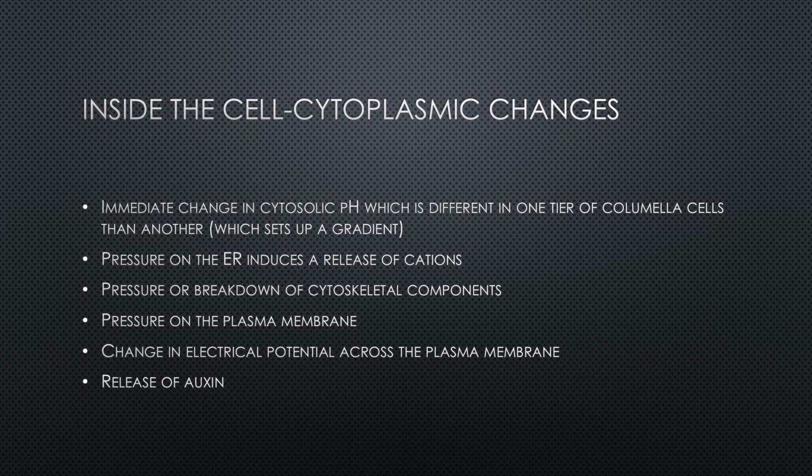So it starts at the cells that perceived gravity, and then it's going to flow up the root, and we're going to talk a little bit about where the growth changes occur. And then because of the pins that we talked about, there is a release of auxin on one side of the cell as opposed to the other. So there's a gradient of auxin being set up as well.